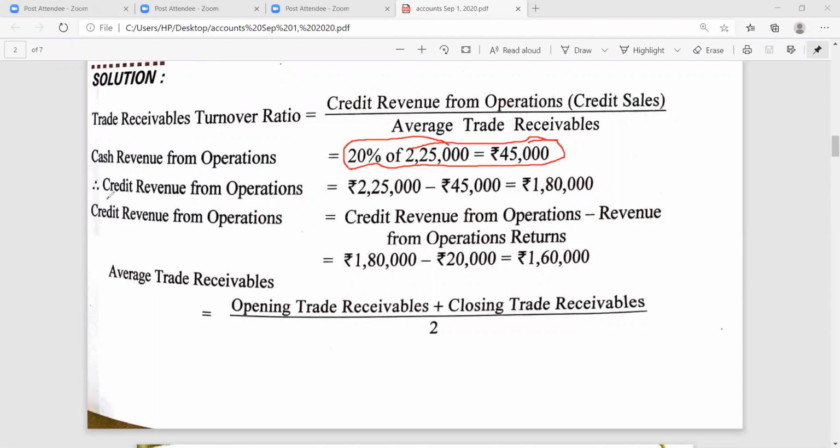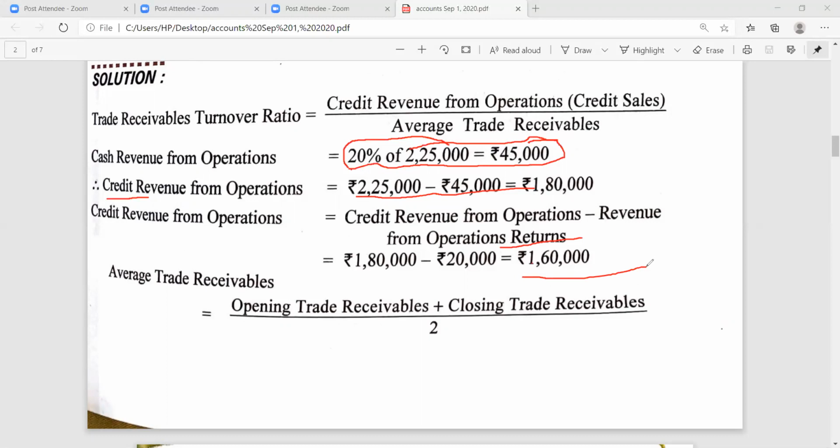Because in this question we require the credit revenue from operation. It is to be calculated as 2,25,000, that is our total revenue from operation, minus 45,000, that is our cash revenue from operation. If you remember, we have returns as well. So we have to deduct the returns also, and finally, you will get 1,60,000 as the credit revenue from operation.